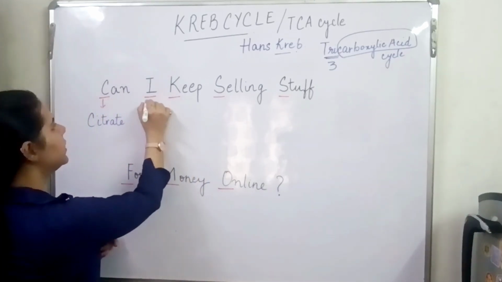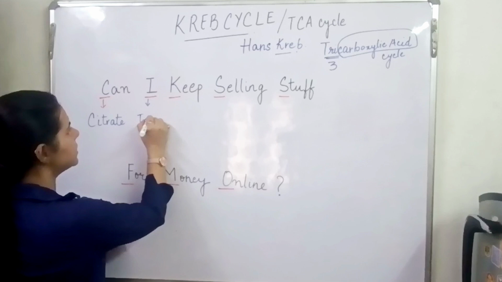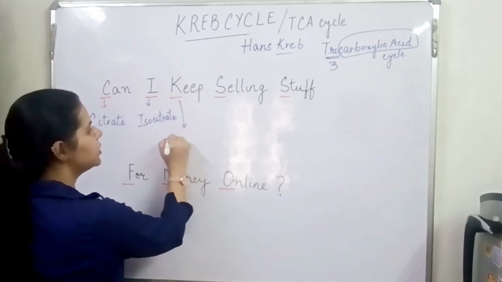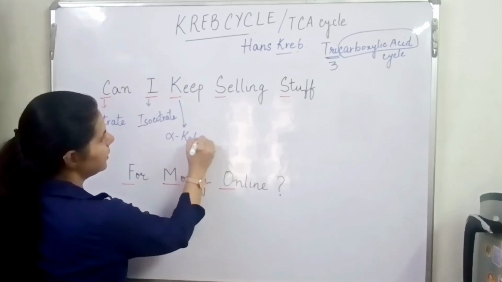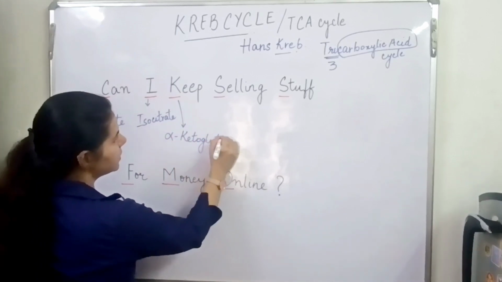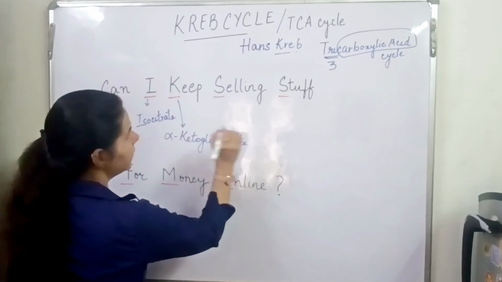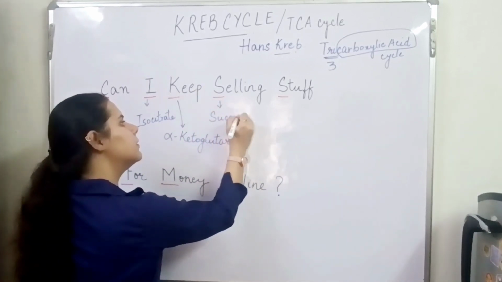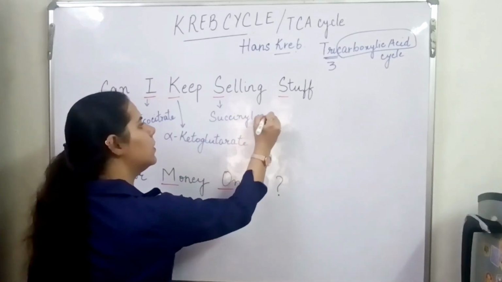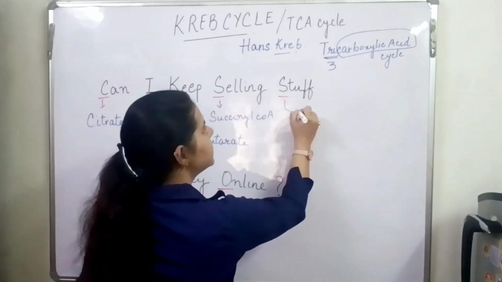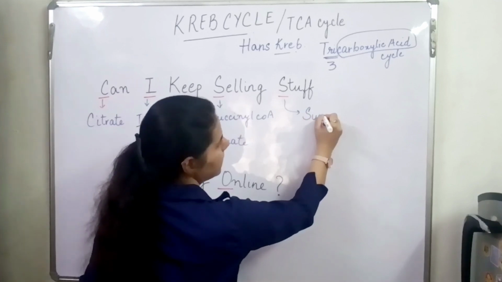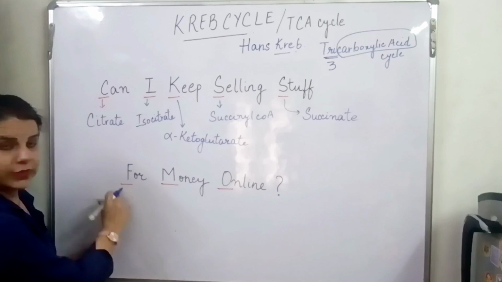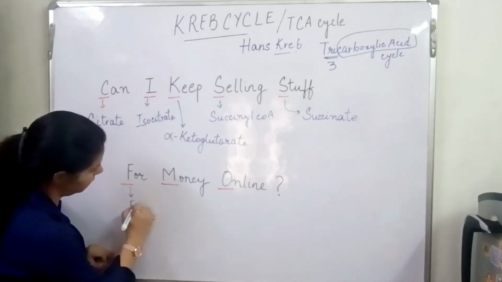Now let me just quickly jot it down for you. This is isocitrate. Now this K stands for alpha ketoglutarate. S stands for succinyl coenzyme A. This S stands for succinate. Then F stands for fumarate.